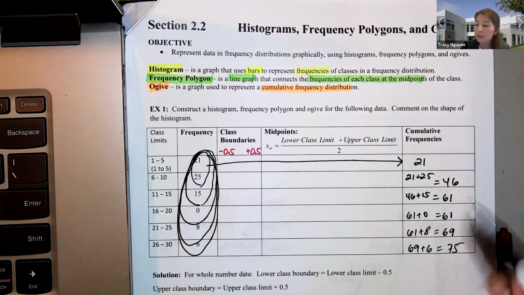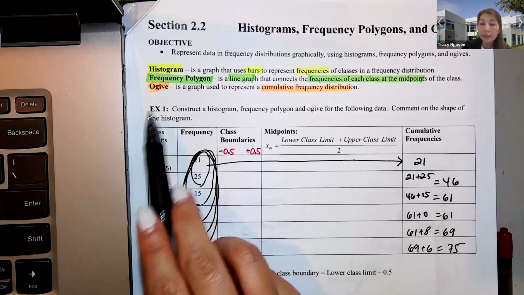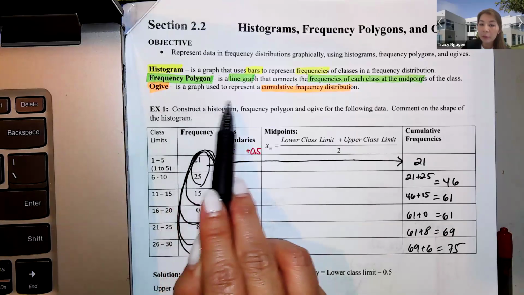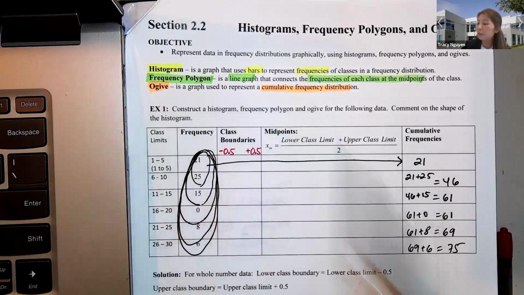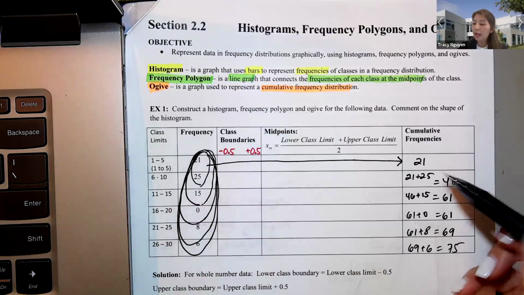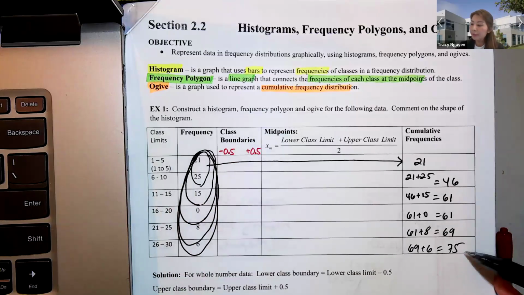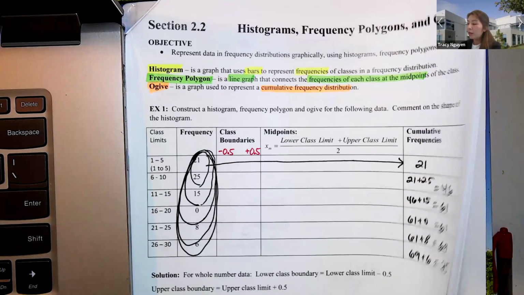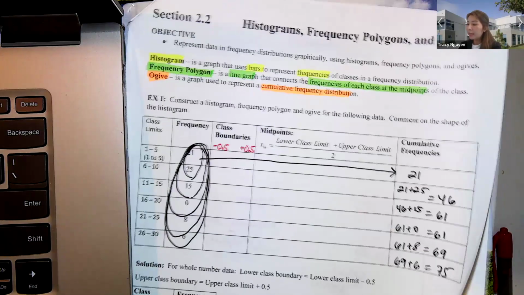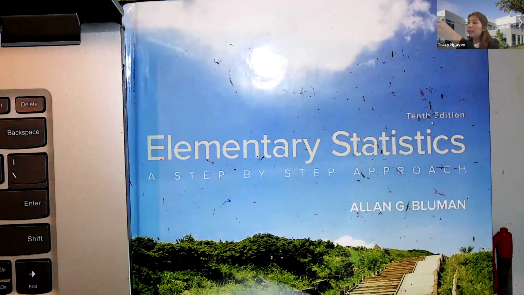That's just information. But as far as doing an Ogive, it's a graph that represents a cumulative frequency distribution. So now that you have cumulative frequencies here, okay? On Alex, you will see that it will break it down for you like this.